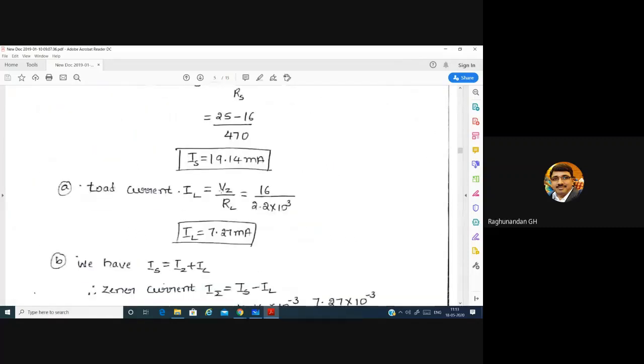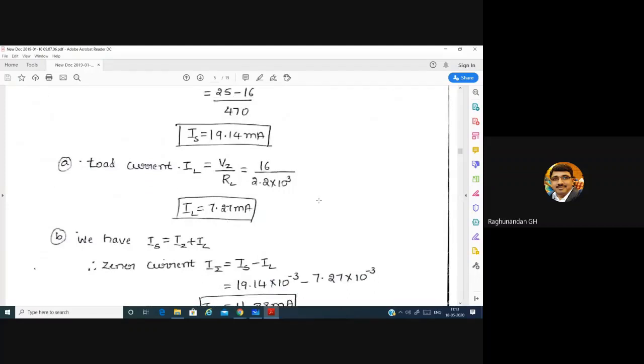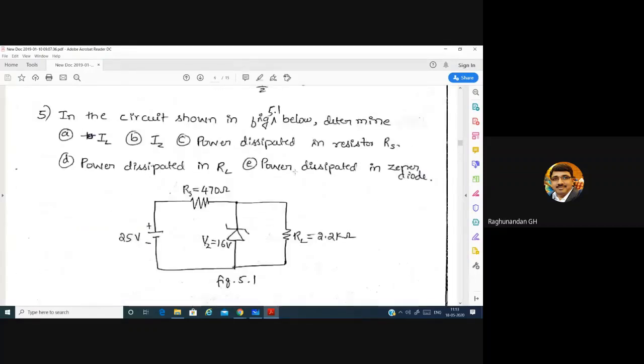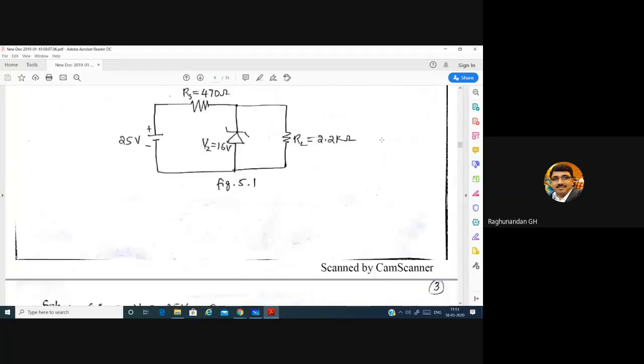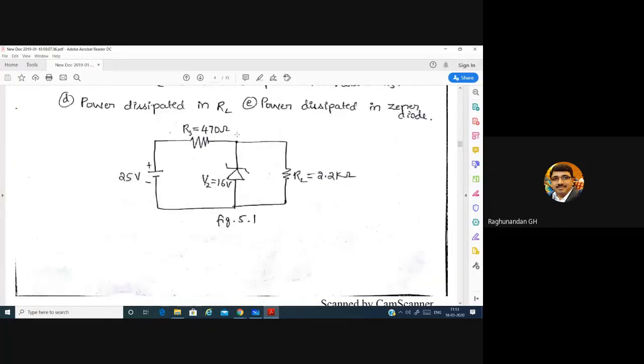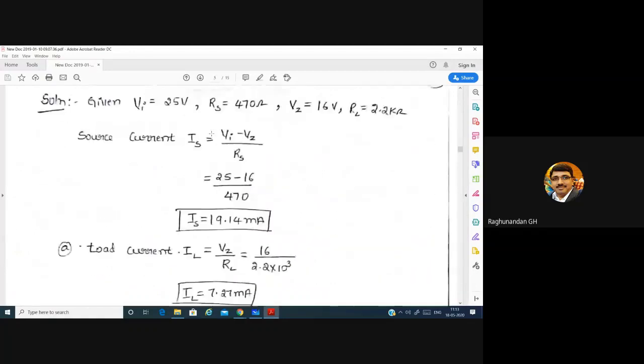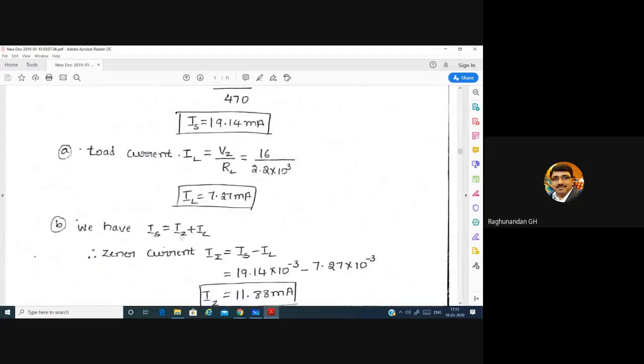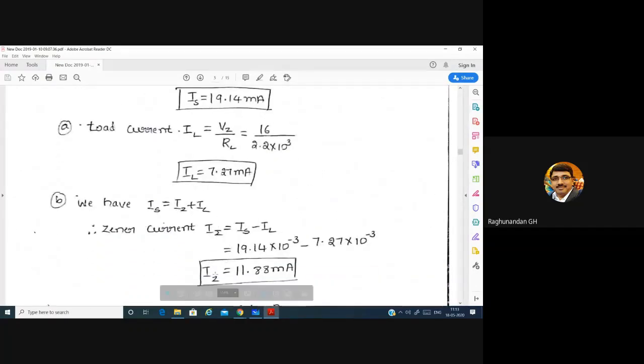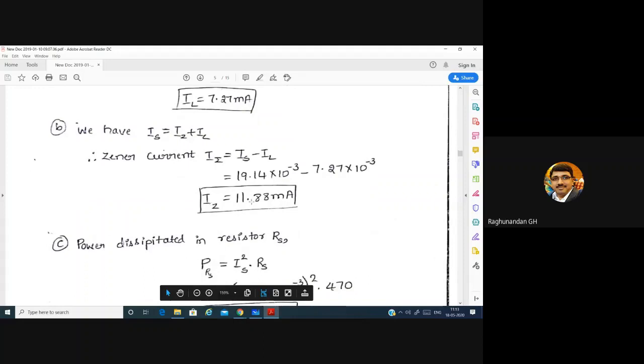So IL is equal to Vz by RL. Then they have asked the power dissipated in the resistance Rs, so you should know what is Is. Is is equal to Iz plus IL, and Zener current also we have to find. So Iz, by rearranging you can find out Iz.